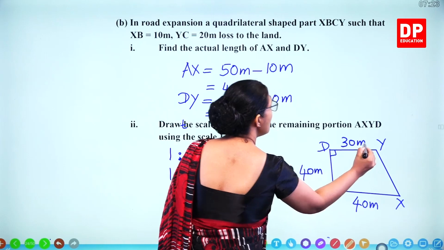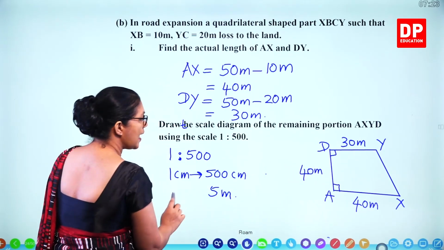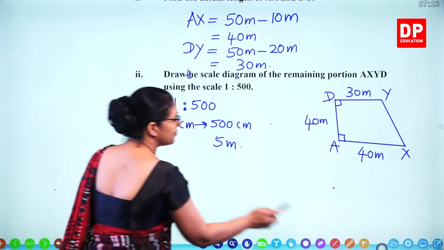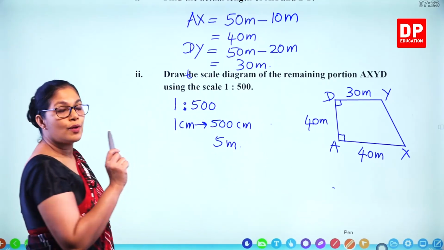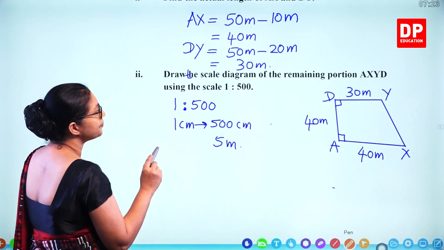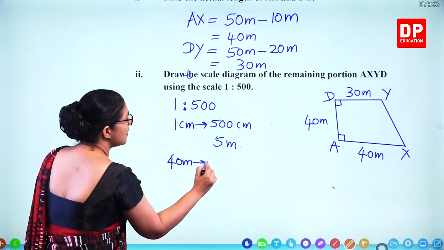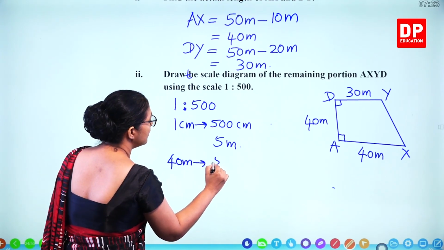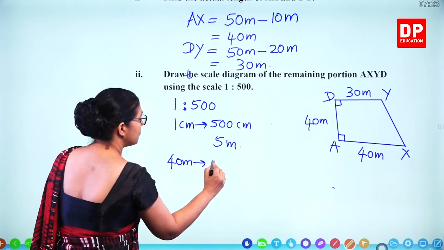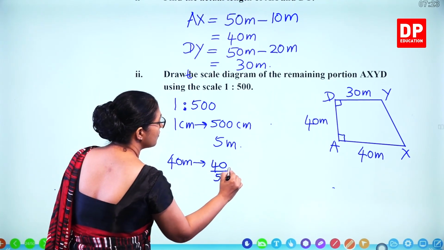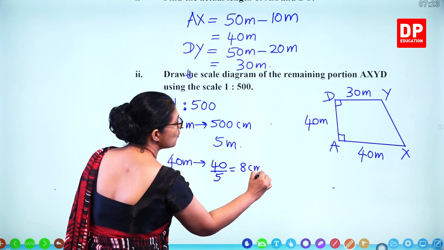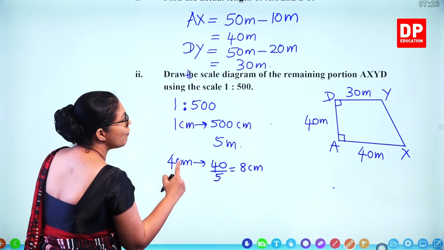Now we have to find the scale length with the new scale. So what does 40 meters mean? Divide by 5. 8 centimeters you have to take for 40.